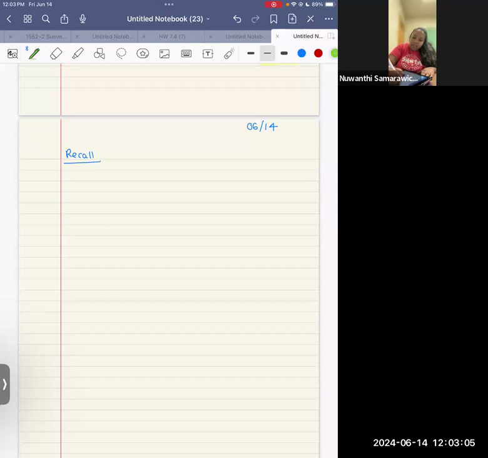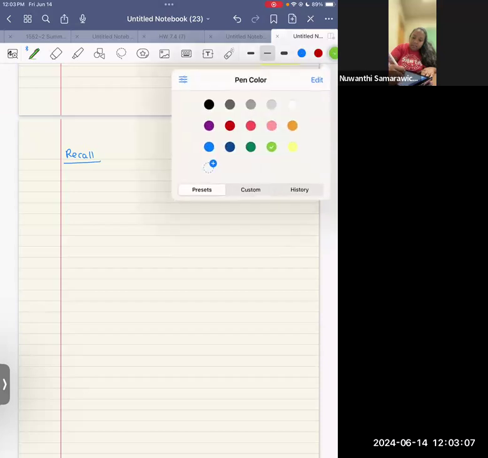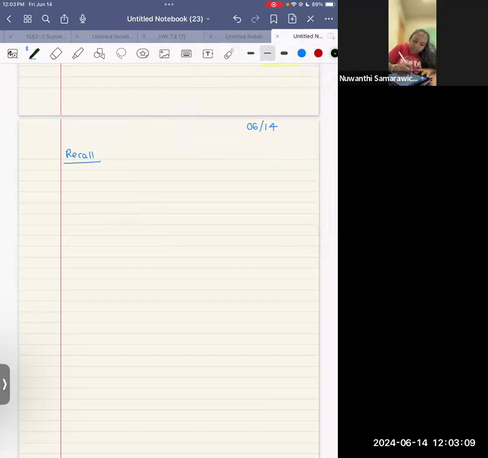So we started with a sequence. We write a sequence like this. A sequence means it's a list of numbers, and here this is called the n-th term.